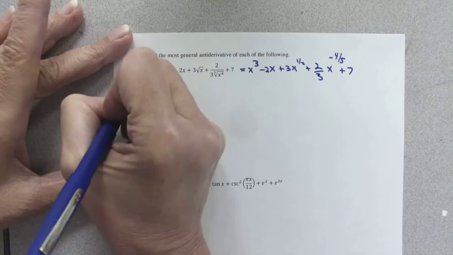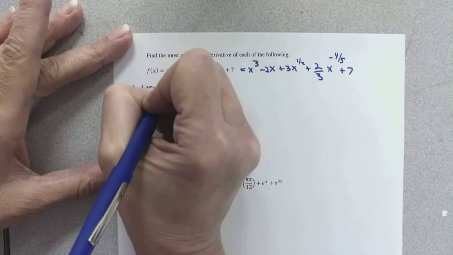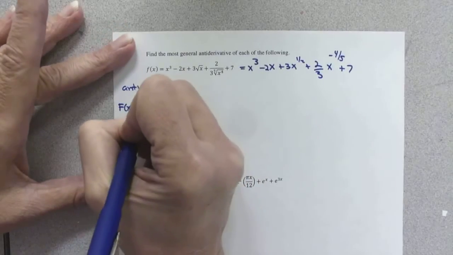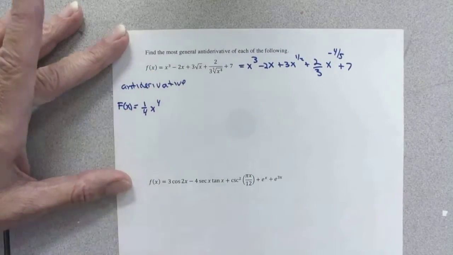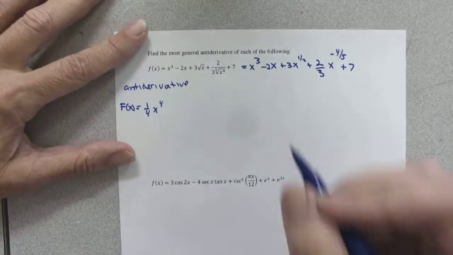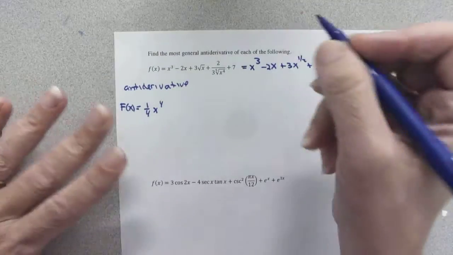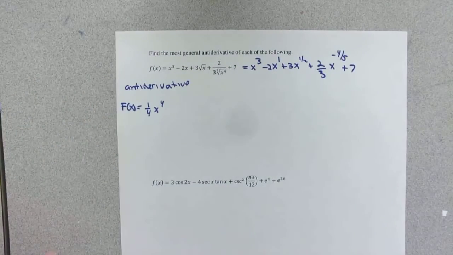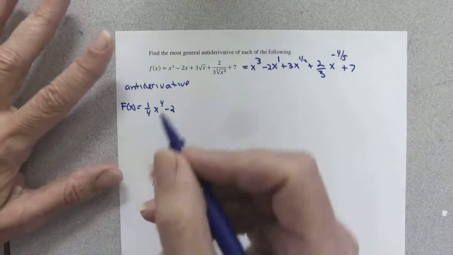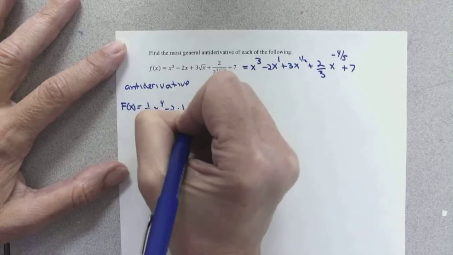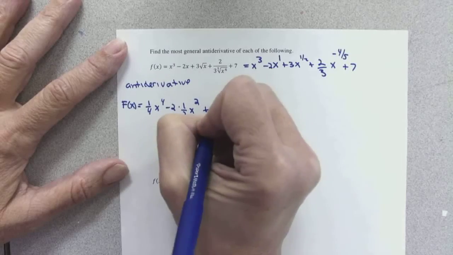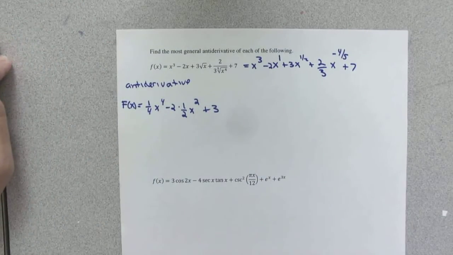And so now my antiderivative. Just working term by term. Increase the exponent by 1, multiply by the reciprocal of the new exponent. This is understood to be 2x to the first. The minus 2 is just a coefficient, just write it down. Increase the exponent by 1, multiply by the reciprocal of the new exponent. The 3 is just a coefficient, just write it down.